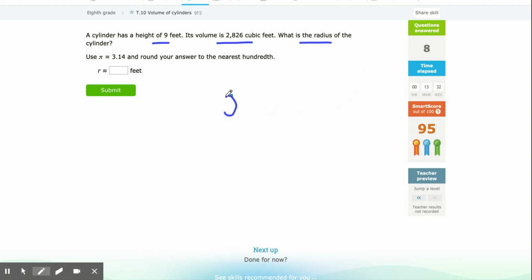First thing I'm going to do is write down the volume: 2,826 is equal to pi, which again we're using 3.14 for, times some unknown radius squared times the height, which is 9.